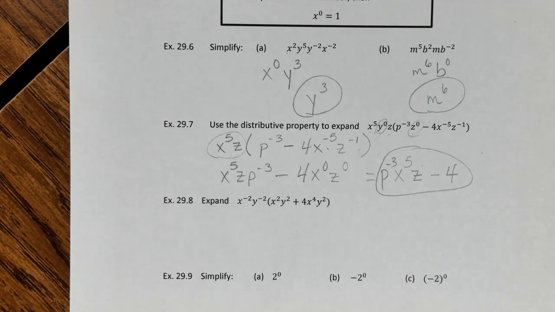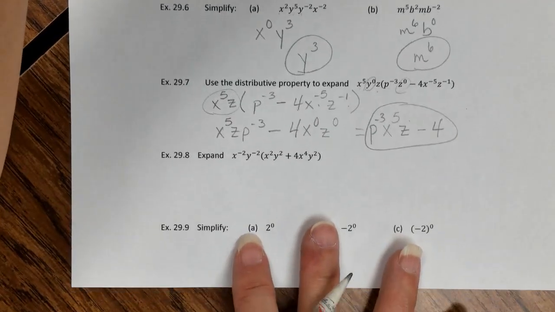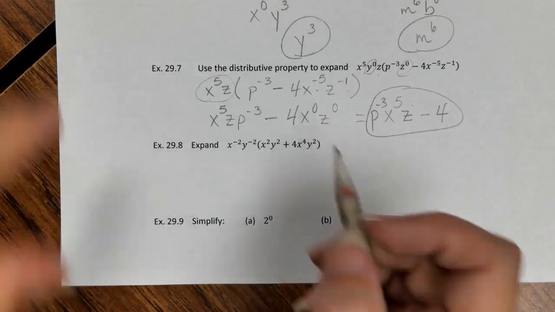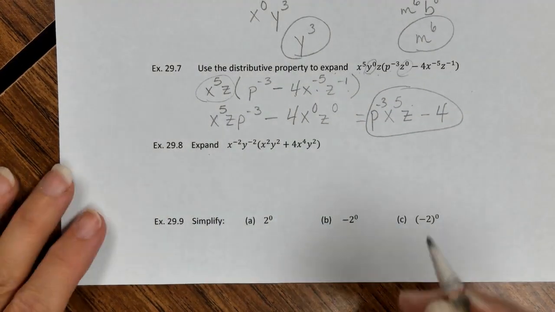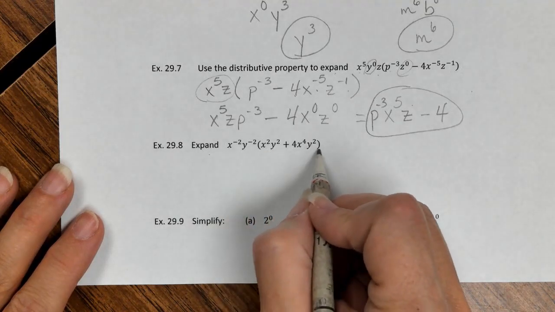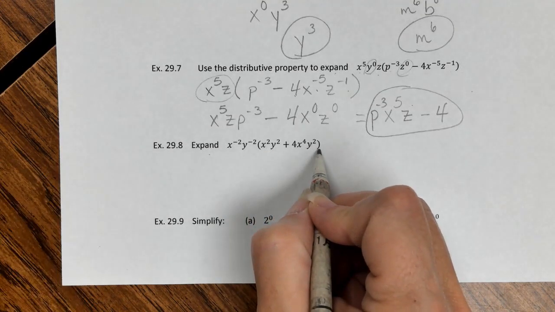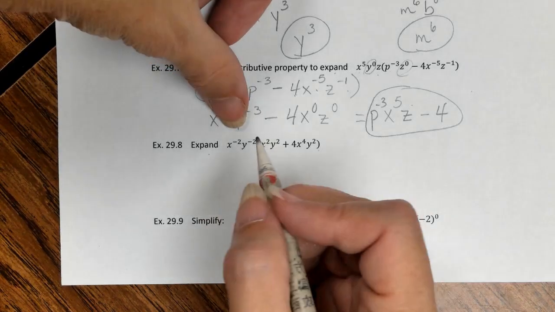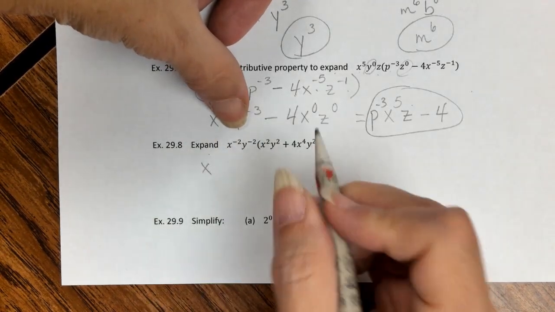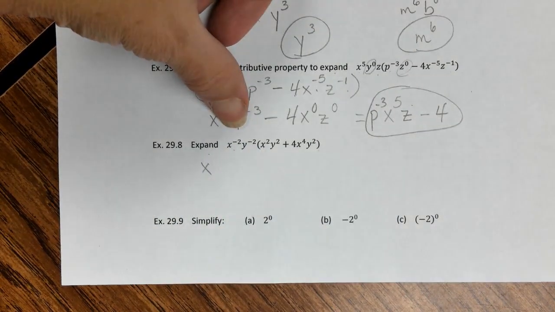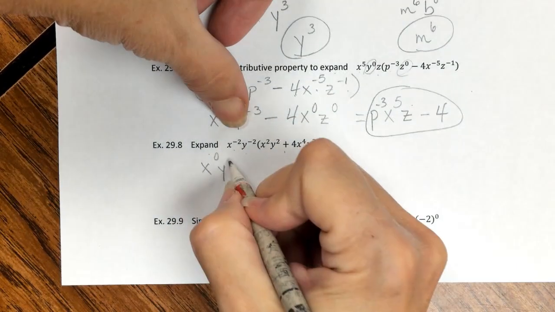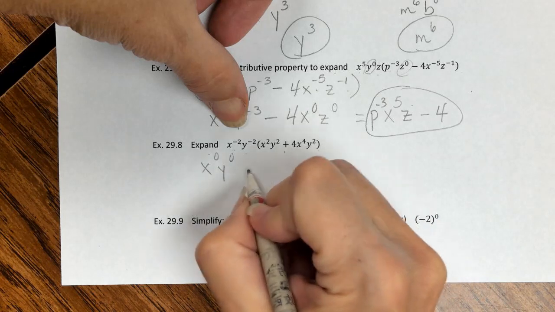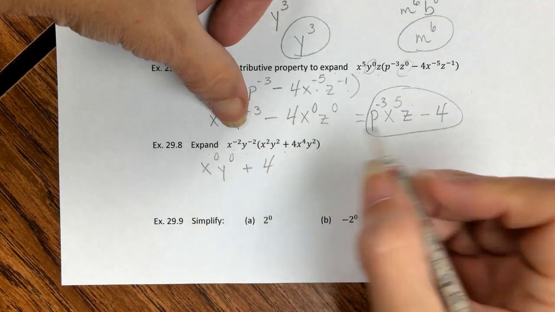Expand also means distribute. See, used to expand, and then often the book just shortens it and just says expand. I don't see anything to simplify inside there, so we're just going to multiply. So we have x, negative 2, positive 2, that's a 0. Y, negative 2, positive 2, that's a 0. Plus 4.